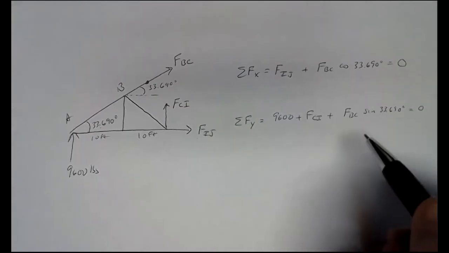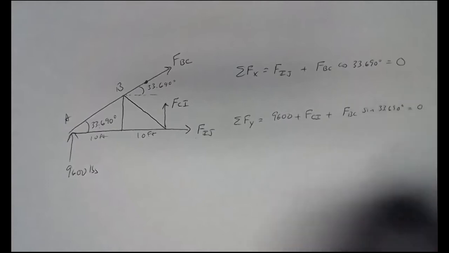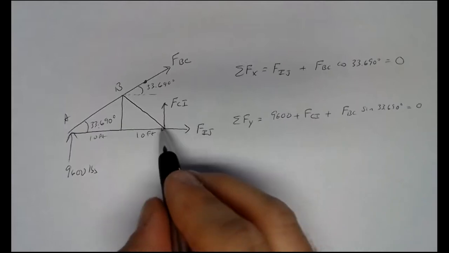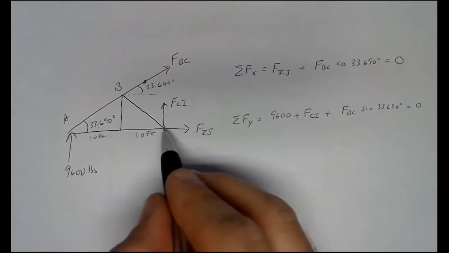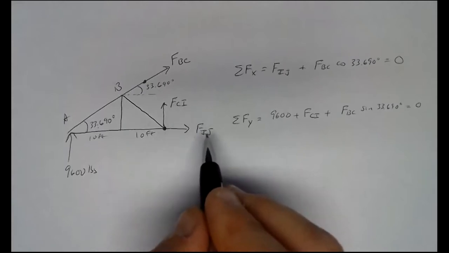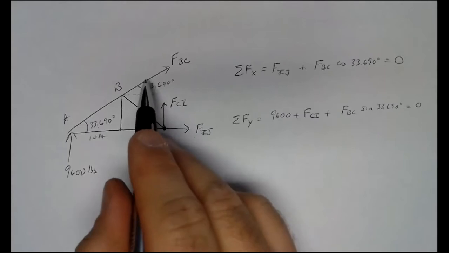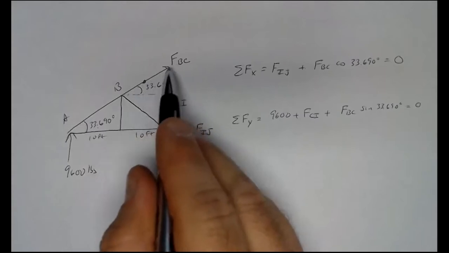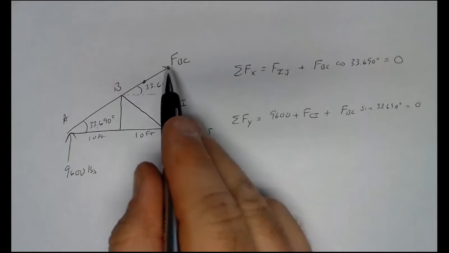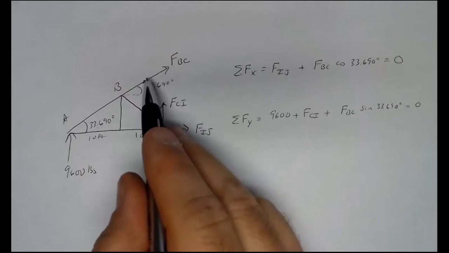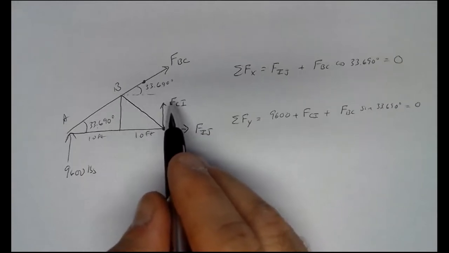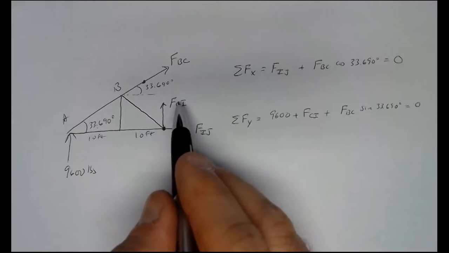And here's where you can make or break the problem. It's all about where you pick your pivot point. If you try to pick your pivot point here at I, you have the advantage of knocking out FCI and FIJ, but you're going to have a pretty complex moment to find FBC because you've got to find the arm up here to FBC, or you're going to have to find an angle, and it's going to look really ugly and be problematic.